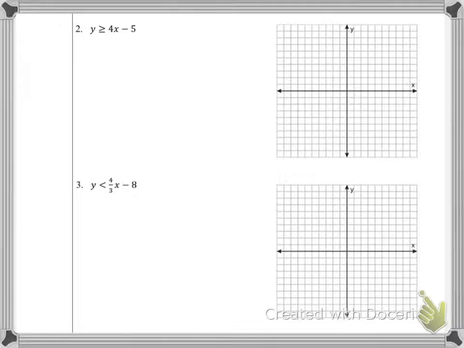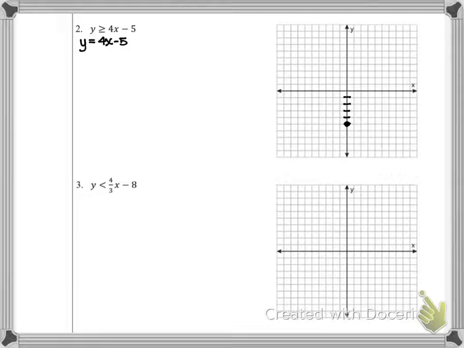So the first one, much like the other one, I'm going to go ahead and turn it into y equals 4x minus 5. And this we know how to graph. So I've got my y-intercept of 0, negative 5. So 1, 2, 3, 4, 5. My slope is 4, so 4 over 1.